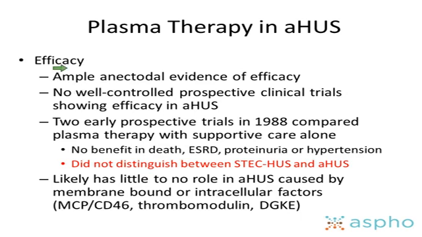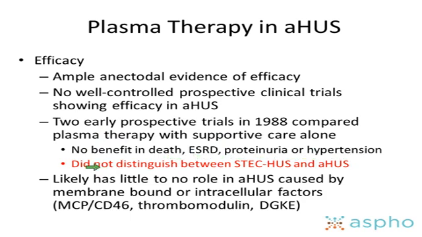In terms of its efficacy, there are certainly ample anecdotal reports, although there are no well-controlled prospective trials showing it to be efficacious. There are two early prospective trials in the late 1980s that compared plasma therapy with supportive care alone in HUS, and there did not appear to be any benefit in death, end-stage renal disease, proteinuria, or hypertension.